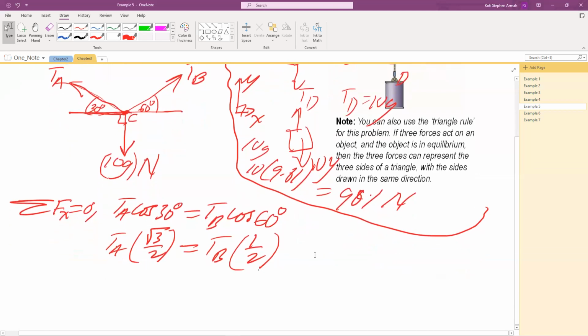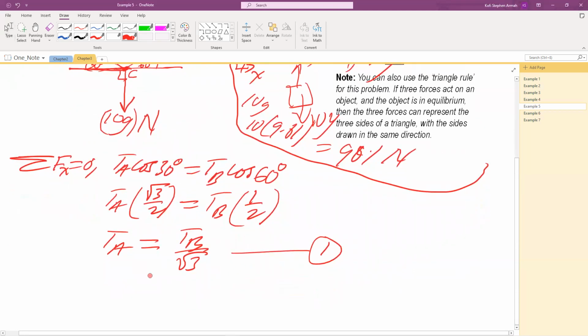If you do a bit of cancellation, I can make TA the subject, and that will be TA equals 2TB over √3. And that is our equation 1.